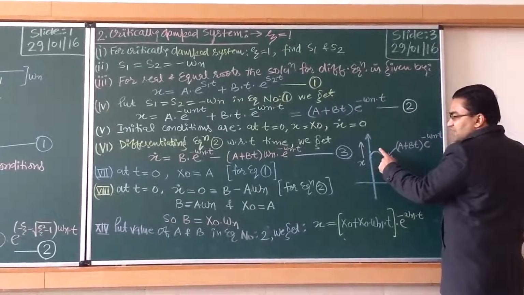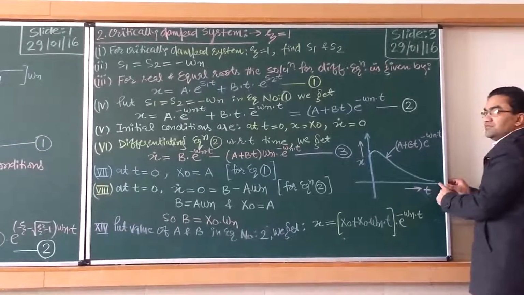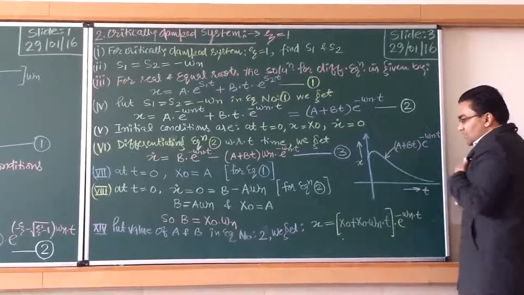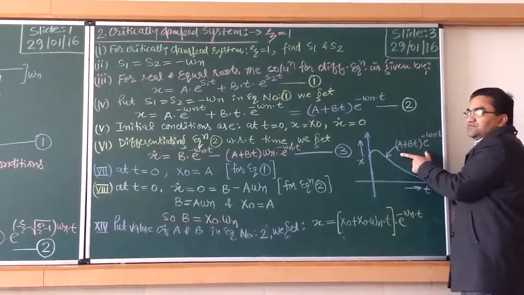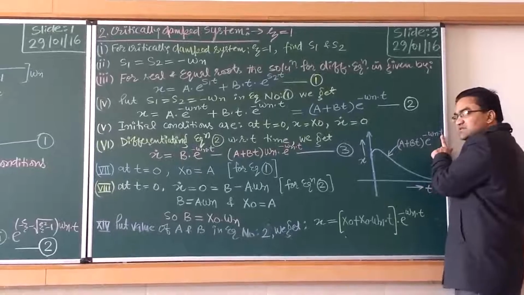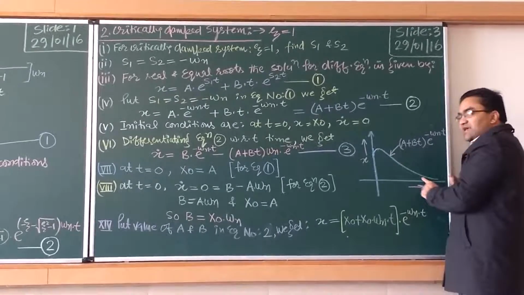The vibrations are on the upward side, and they will die out in this fashion. During that, the amplitude of the system will follow this graph. As the time increases, the vibration is dying out.